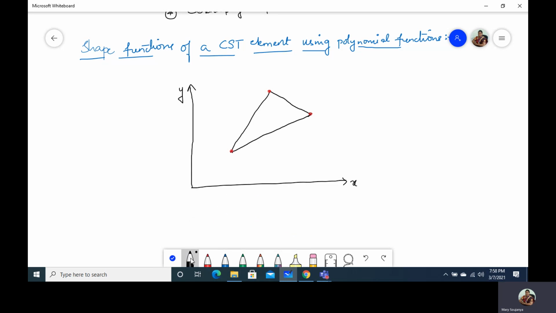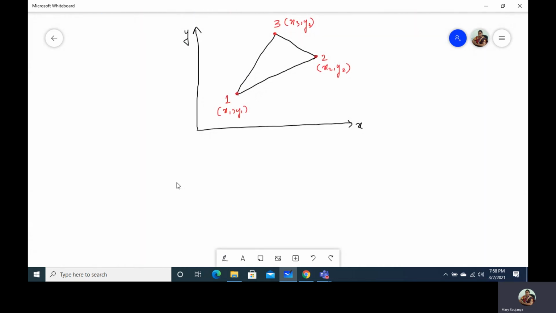Okay, so let this be node 1, node 2 and node 3, with the vertices x1, y1, x2, y2, x3 and y3. Let this be the constant strain triangle under consideration.